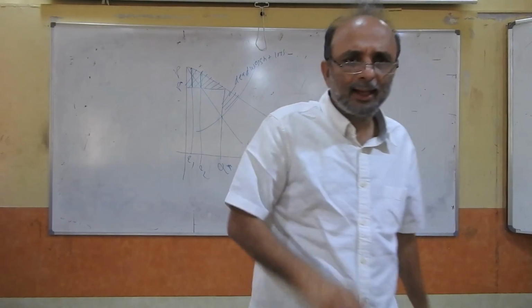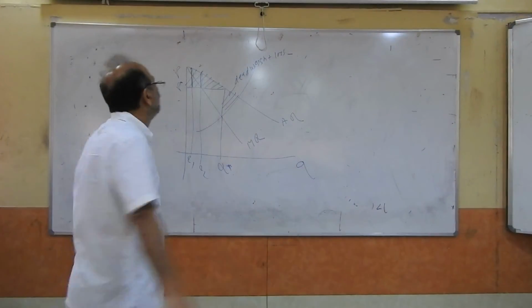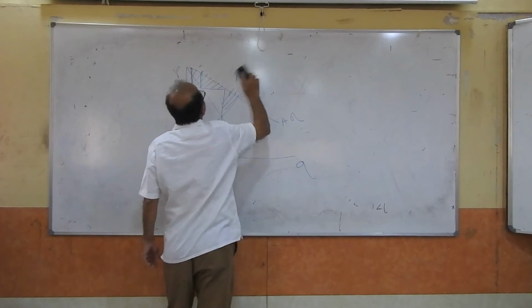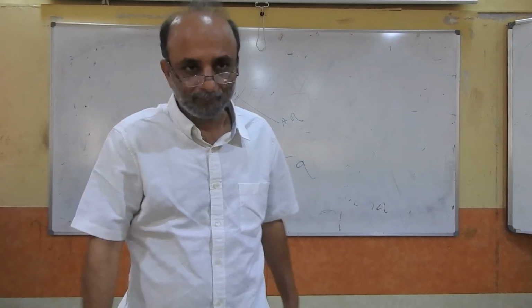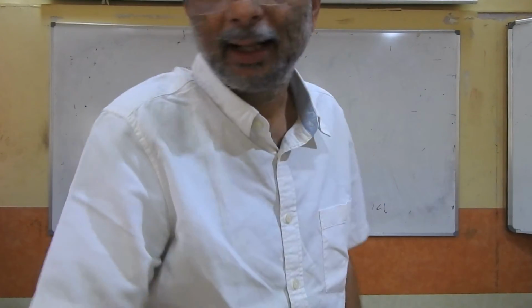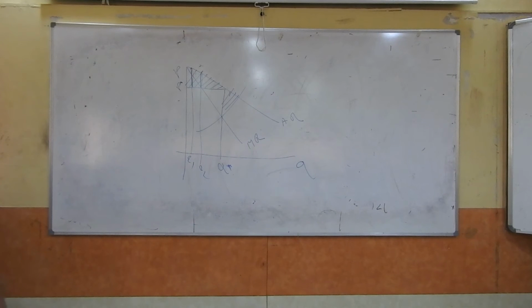Now, assuming that the monopolist is a profit maximizing monopolist, can the monopolist do any better? Look at this graph and tell me if the monopolist can do any better than this.